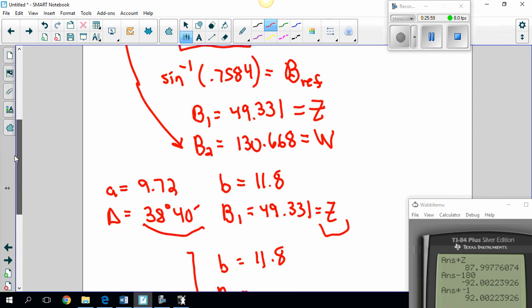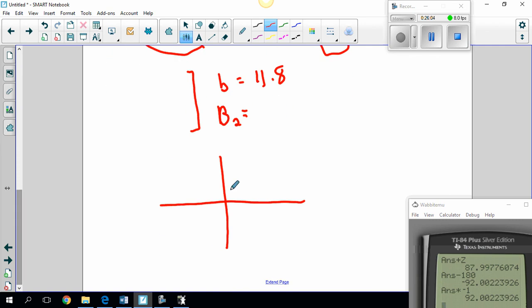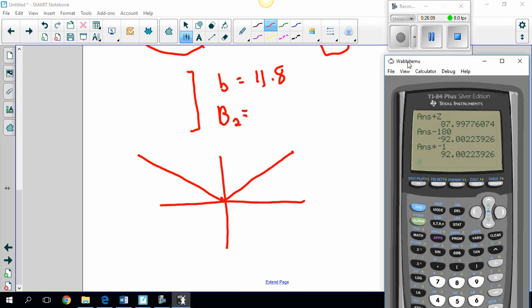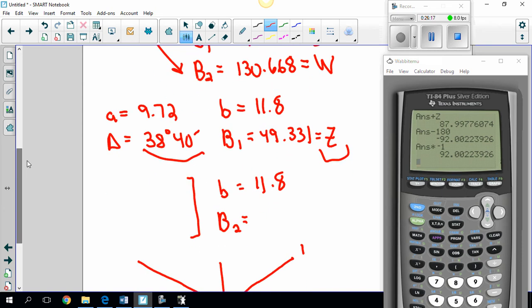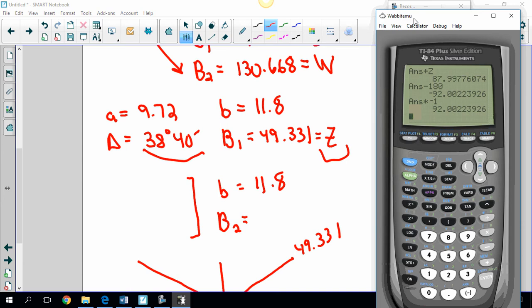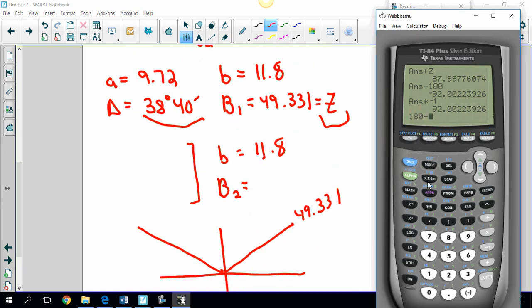Where is sine positive? First and second. We got an answer here. We got an answer here. We got our 49.331, and that is angle Z. So 180 minus alpha Z. This angle right here is 130.668.